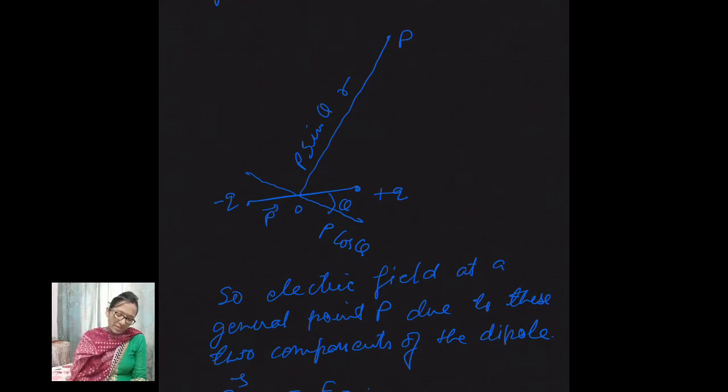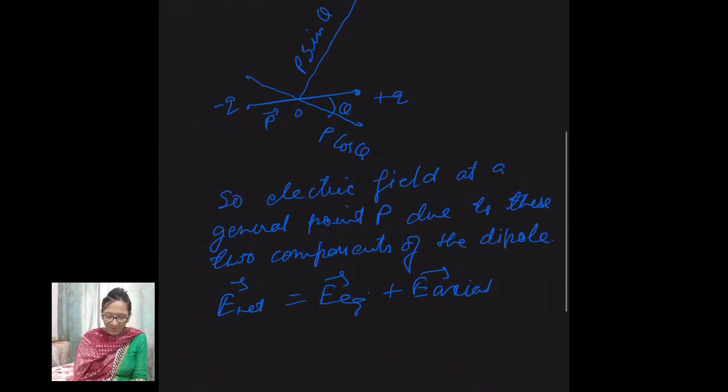So we will be using the two concepts of axial electric field and equatorial electric field due to a dipole. Therefore, the net electric field at P is equal to the electric field axial plus the electric field equatorial.